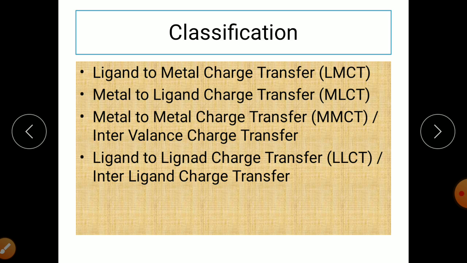The metal to metal charge transfer is also known as intervalence charge transfer, and ligand to ligand charge transfer is also known as interligand charge transfer. So these four classifications are very important, not only from the exam point of view but also in CSIR NET and SET examinations. That's why it's a very important concept.